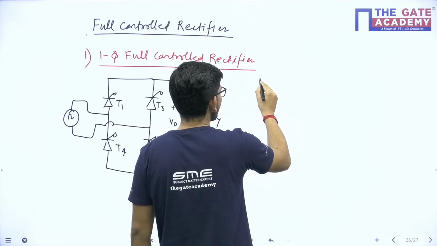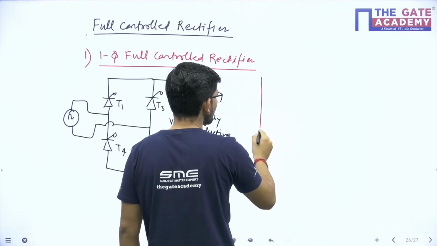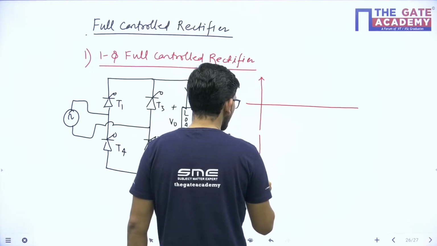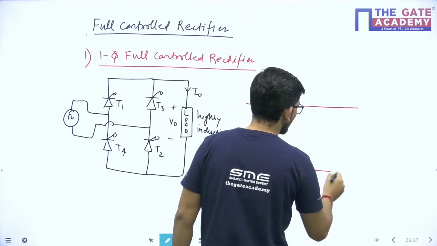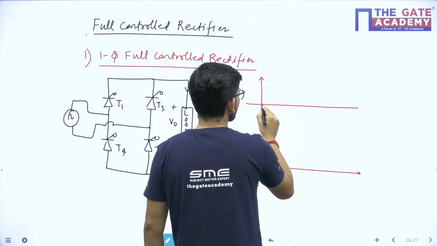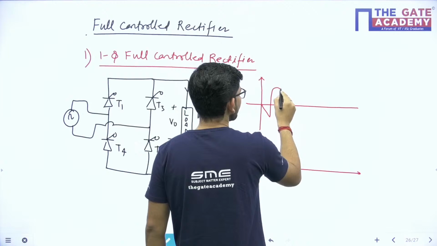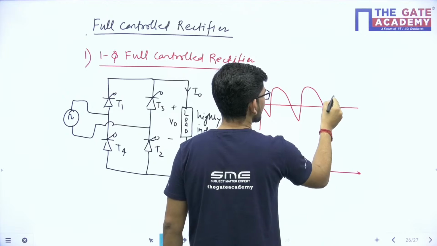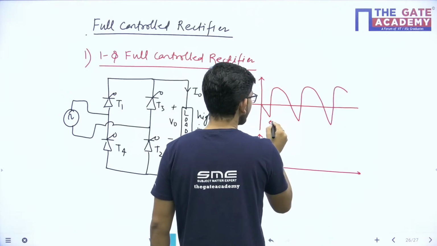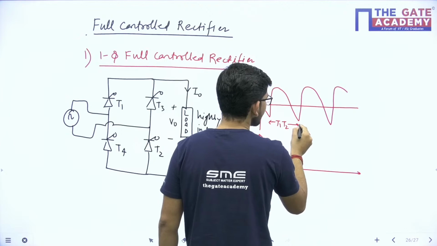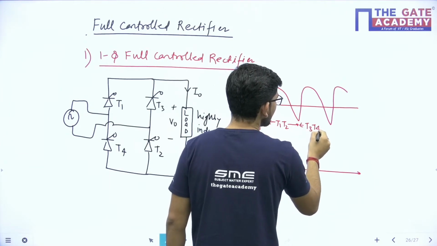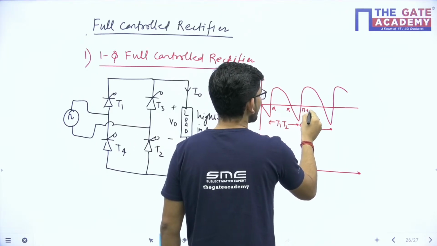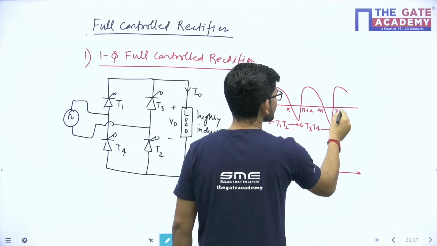So what are the waveforms of output voltage and input current, the two important waveforms that we have. In case of voltage, we will be having a waveform like this. During this interval T1, T2 conduct, and during this interval T3, T4 conduct. This is alpha, this is pi, this is pi plus alpha, this is 2 pi, and this is 2 pi plus alpha.